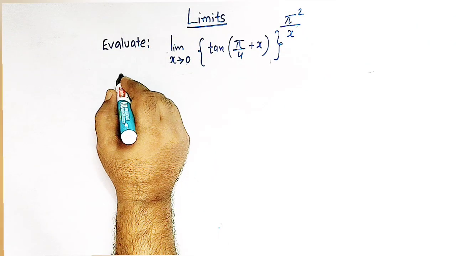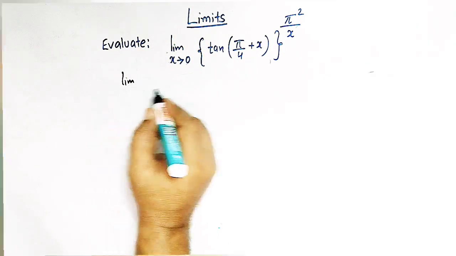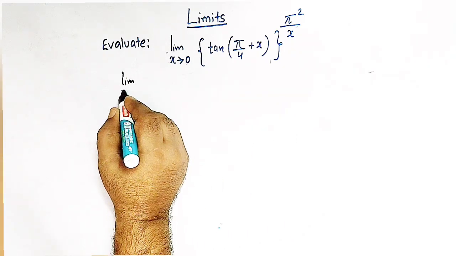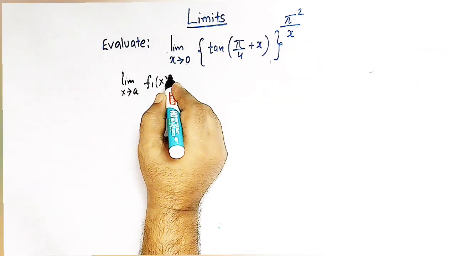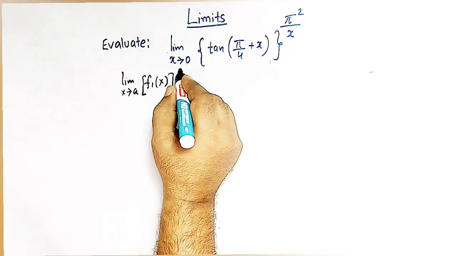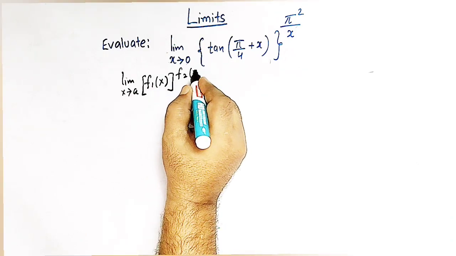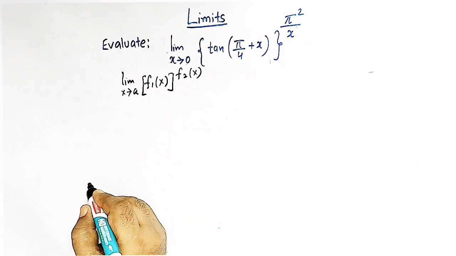So now consider two functions f1 and f2. So if we have limit x tends to a, f1x raised to some other function, say f2x, right?